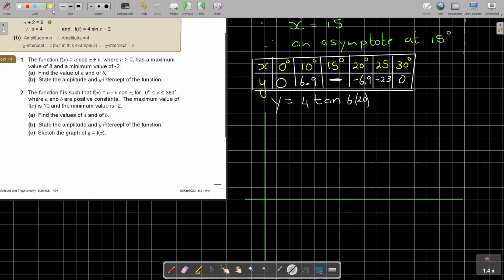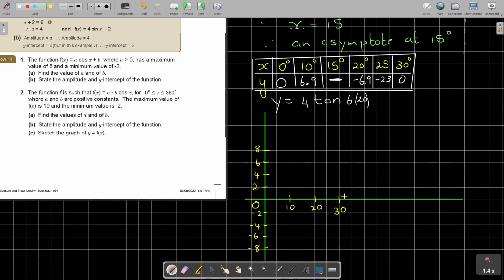Because I'm working with negatives, I'm getting that 0. I can work in 2s: 2, 4, 6, 8, always 1 centimeter, and then negative 2, negative 4, negative 6, negative 8. And then I'm going to make this a bit wider: 10, 20, and 30.